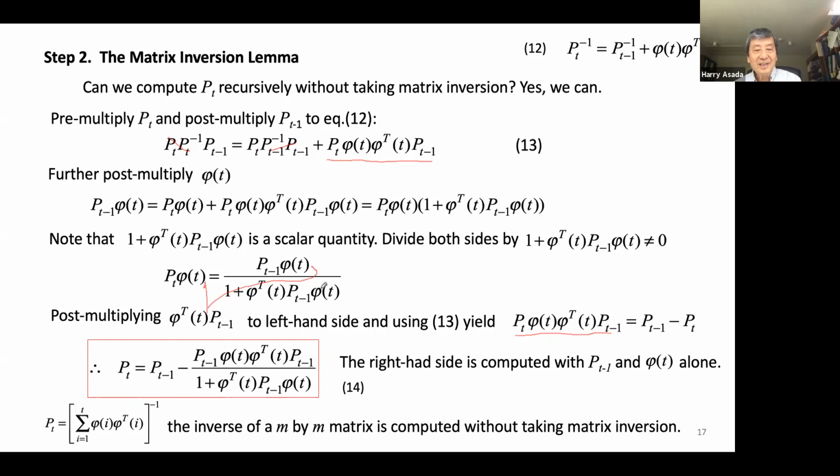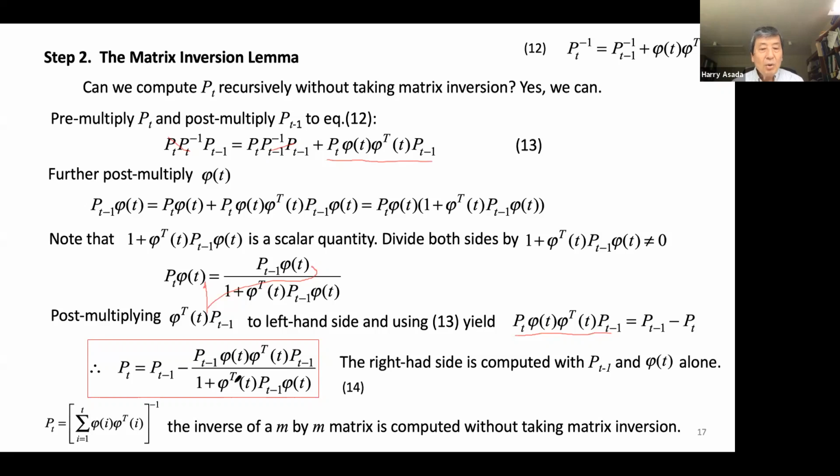The remaining part is this. So this denominator is the same. And the numerator, we multiply this from this side. So that results in this expression. A very confusing equation, but if you examine this more carefully, the right-hand side of this expression is all about PT minus 1 and phi t, nothing else, right? And the left-hand side, PT, is obtained by this expression, where we need only the division by the scalar quantity.